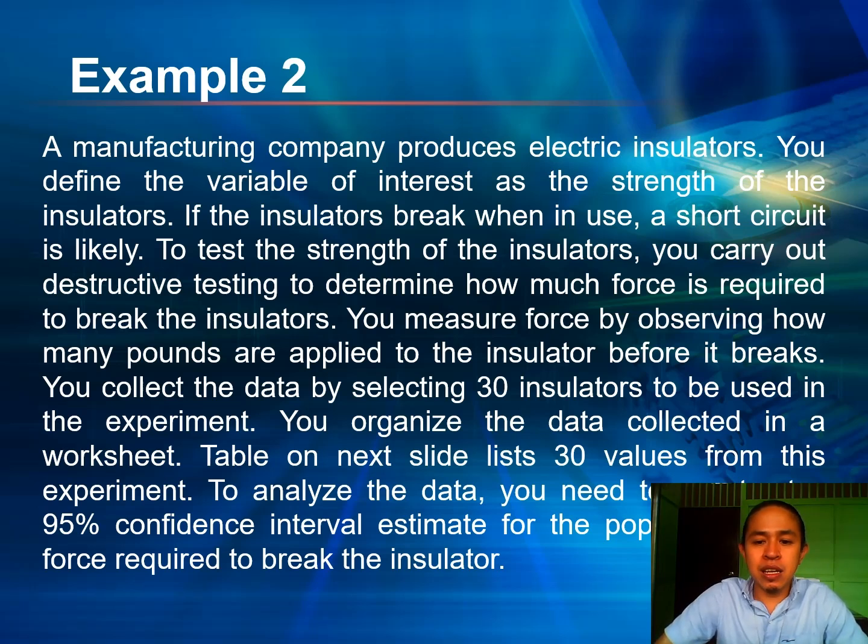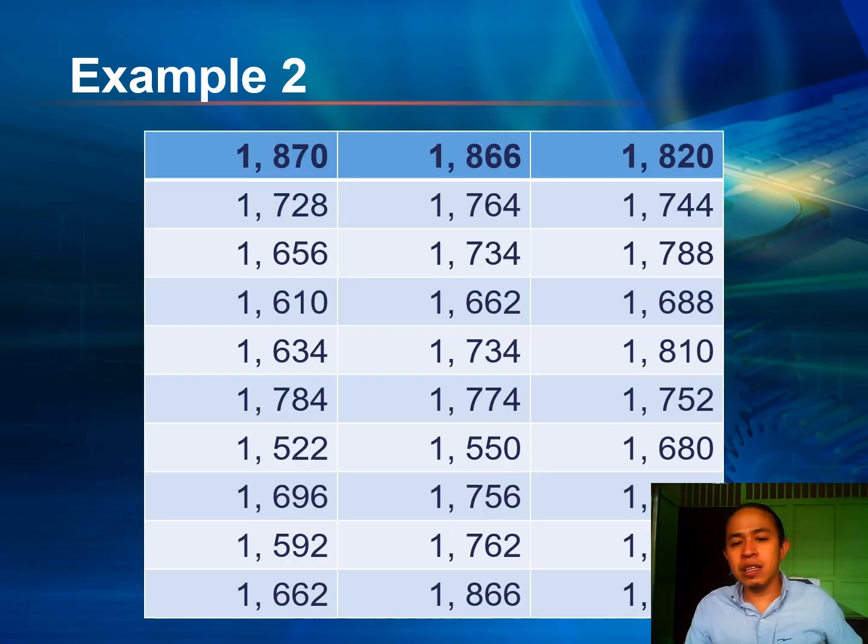So you organize the data collected in a worksheet, then the next slide lists 30 values from this experiment. To analyze the data, you need to construct a 95% confidence interval estimate for the population mean force required to break the insulator. So presented here in front, the data of the 30 samples.